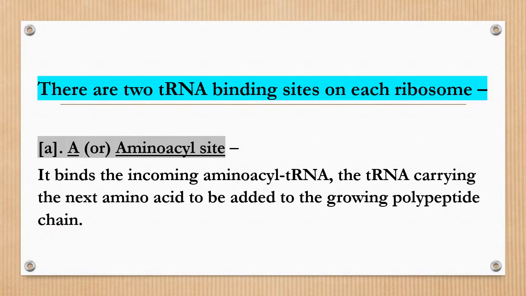There are two tRNA binding sites on each ribosome. The first is the A site, or aminoacyl site. It binds the incoming aminoacyl tRNA, the tRNA carrying the next amino acid to be added to the growing polypeptide chain.